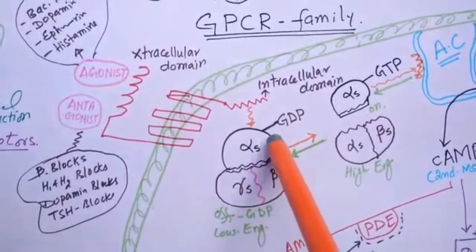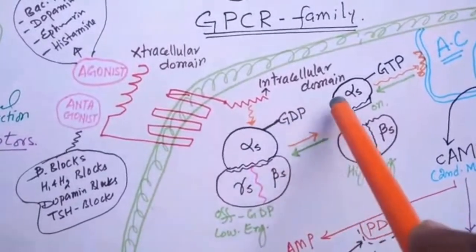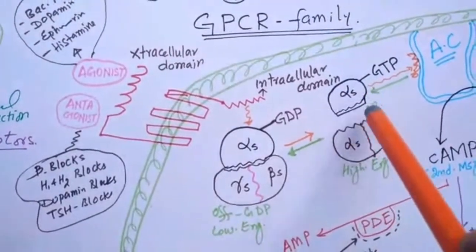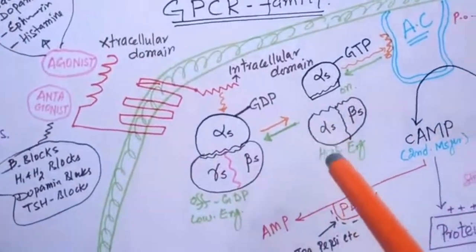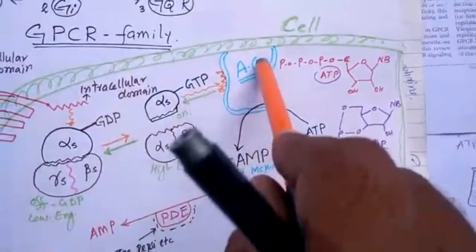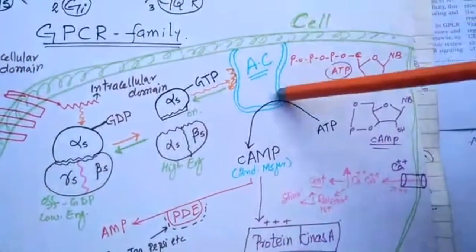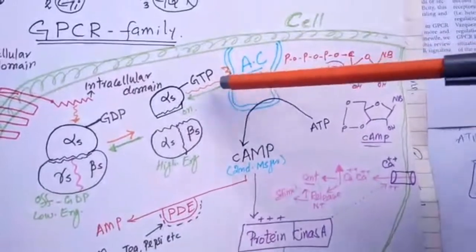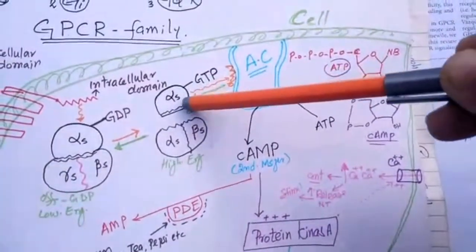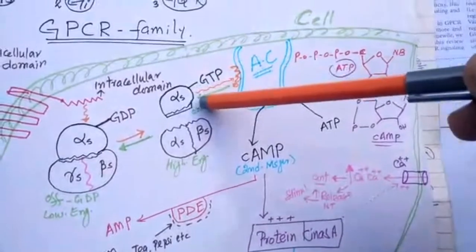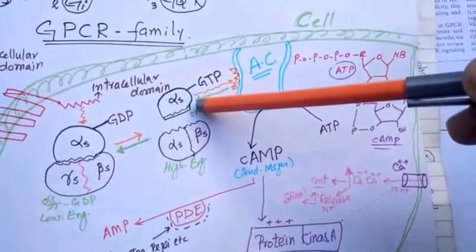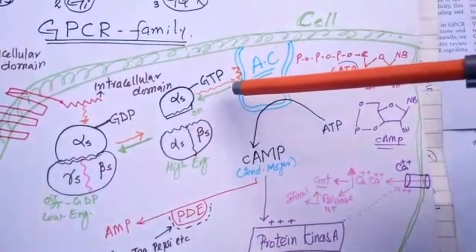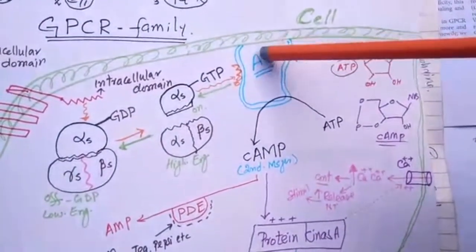So this alpha S GTP is now in single form, and this is in dimer form. Now in the cell membrane, there is another cell bound enzyme, adenylyl cyclase. This energy rich alpha S GTP binds with this AC, adenylyl cyclase, and phosphorylates this enzyme.